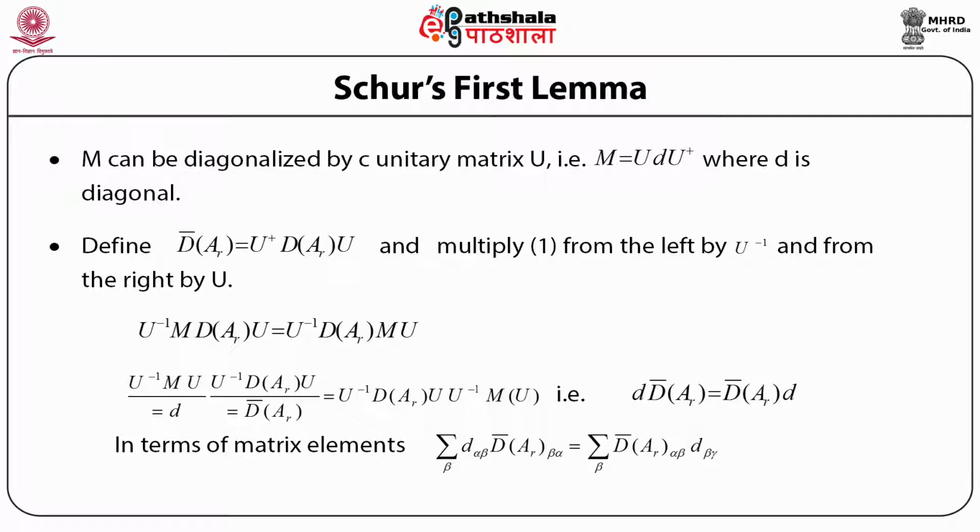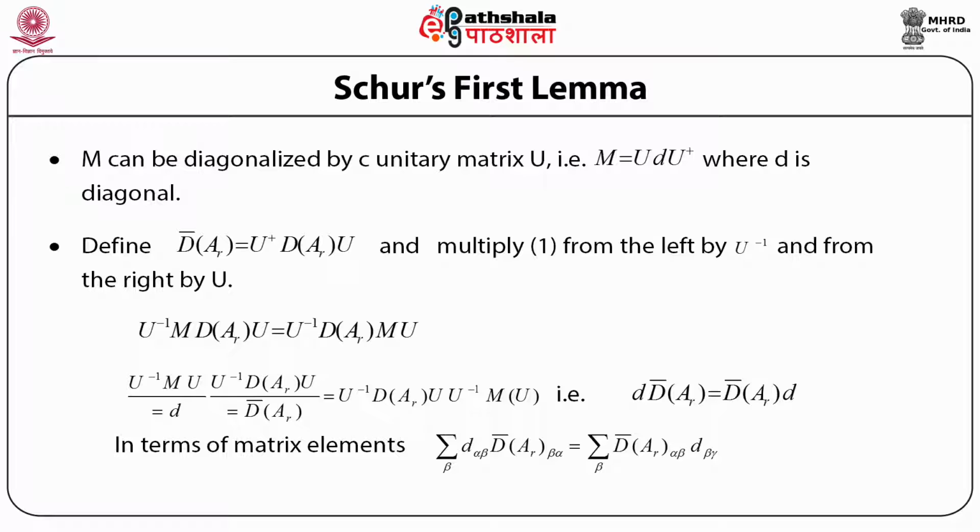Therefore, the left hand side is simply equal to D, a diagonal matrix, times this new matrix we have defined as D bar(A_R). Likewise, the right hand side becomes U inverse D(A_R) M U, which is nothing but the matrix D bar(A_R) times D.